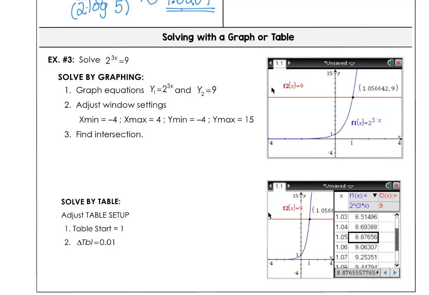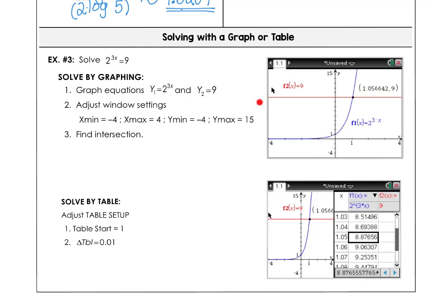So the first thing I did in my Y1 window is I graphed 2 to the 3x power, and notice how I adjusted my window on x from -4 to +4, and I adjusted my window on y from -4 to 15. And then I graphed the right side of the equation. So if 2 to the 3x power equals 9, I drew the graph of y equals 9.